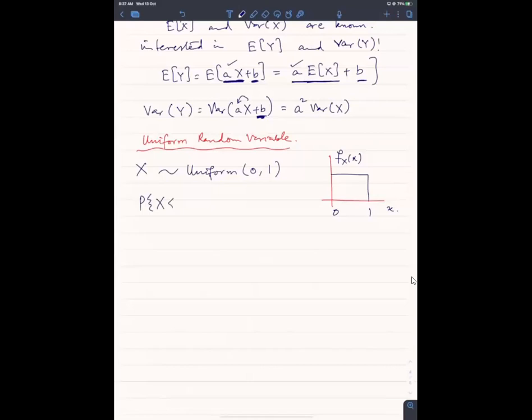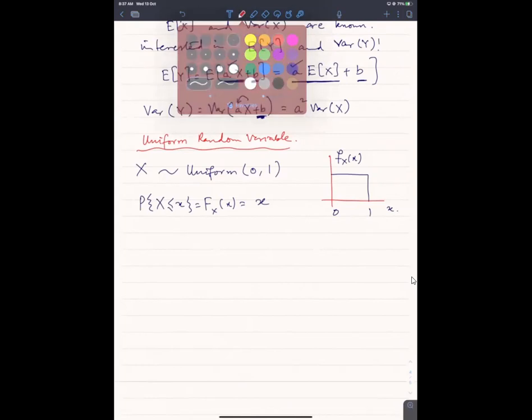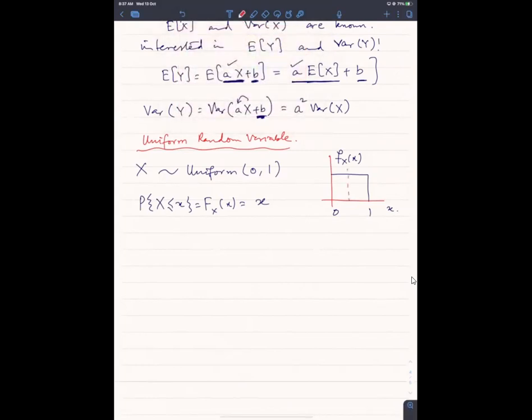Okay. Now, what is the probability X takes a value less than equal to x, which is our Fx of x? We have seen in the previous example, this is simply equal to x. Why is that? This is the probability x takes a value less than equal to this number. इसको small x के बजाय a कर देते हैं.